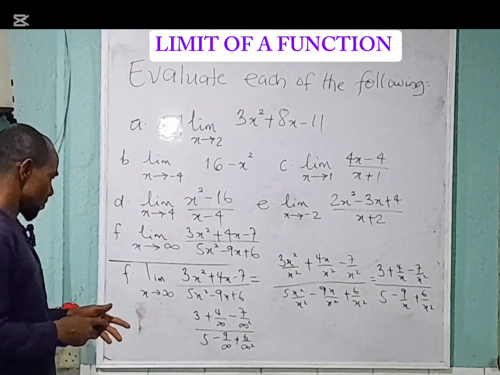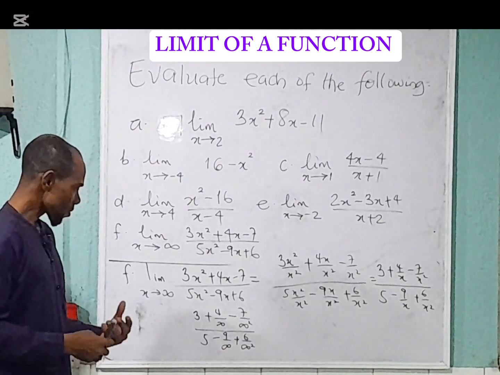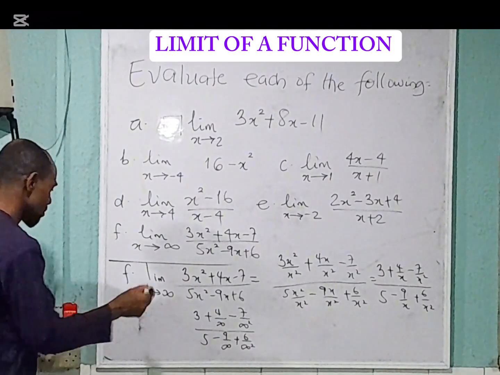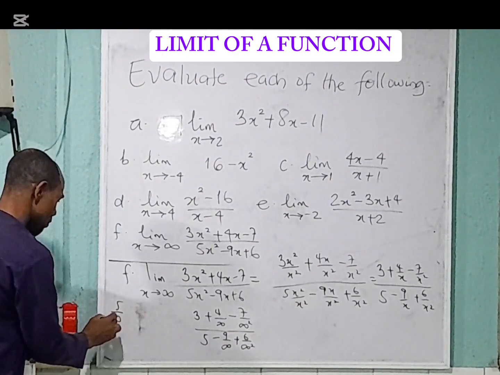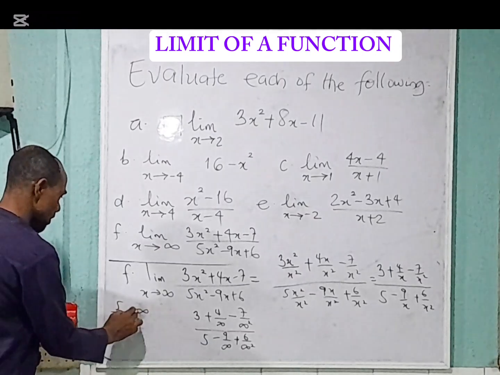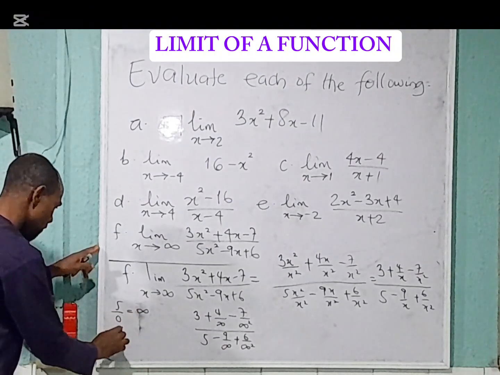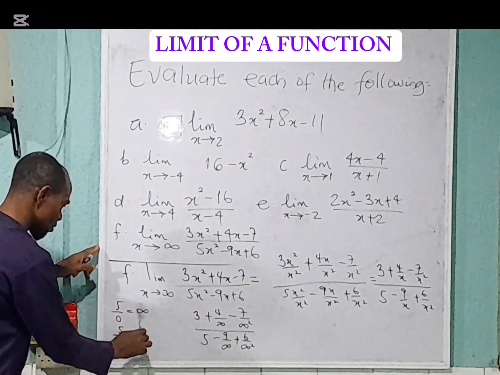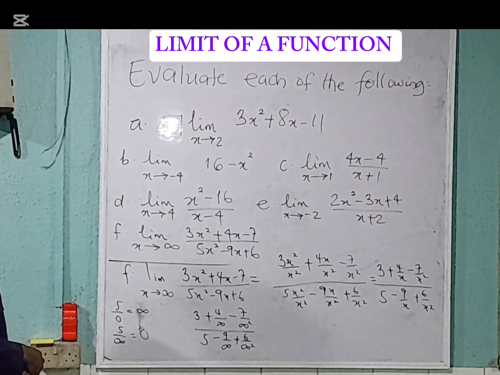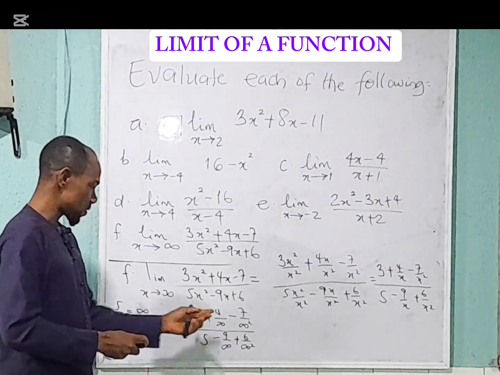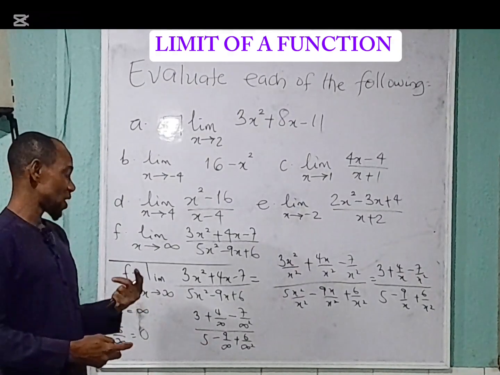Now, here comes the trick. When you have any number over 0, we say it's undefined, and that's the symbol for it, infinity. So vice versa, if you now have 5 over infinity, it's going to become 0. And in any case, infinity represents an extremely large number.